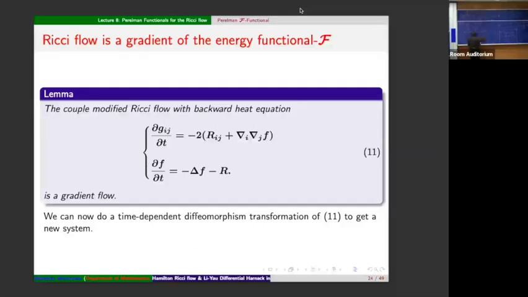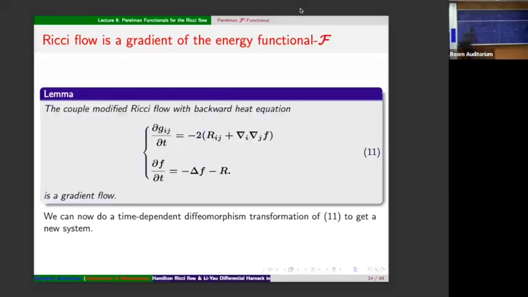If we define this X as the gradient of some function, that is when you have this. And here you have this as f square.